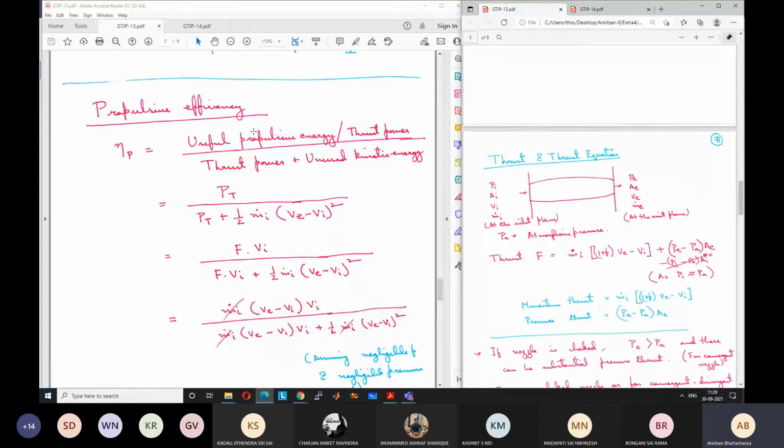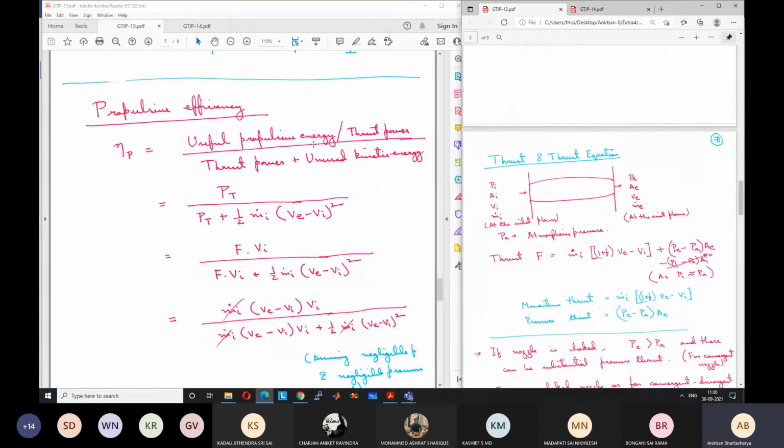That entire energy cannot be used up. Only part of it can be used up for moving the aircraft forward. That part is known as the thrust power. So this propulsive efficiency is defined as this useful energy, thrust power, divided by the total energy that is generated by the engine, which is the thrust power plus whatever is the extra kinetic energy which is lost to the atmosphere. This we will see later.